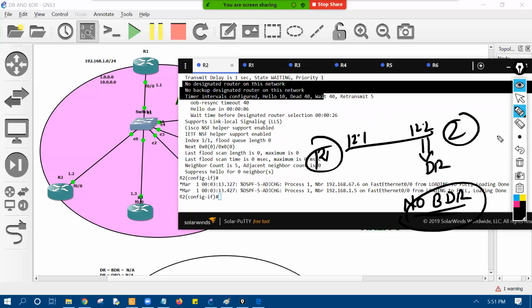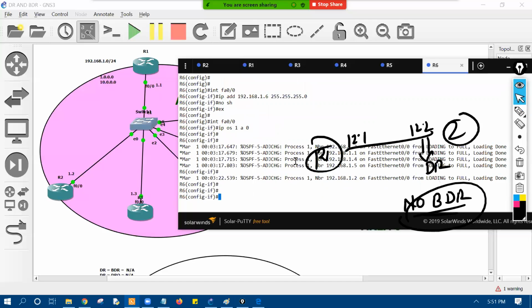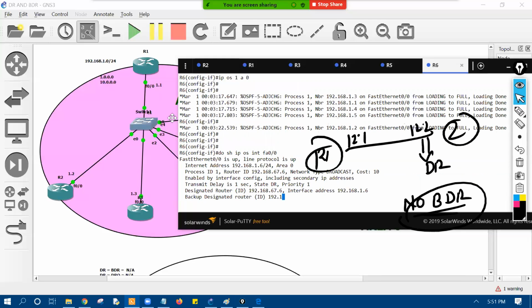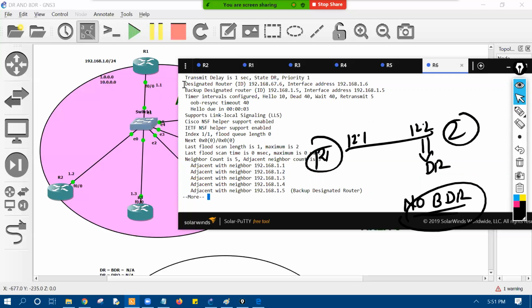Right now, if you see show ip ospf interface 0/0, he's a DR, right? Okay. What happens if the BDR is there, but it says not elected?